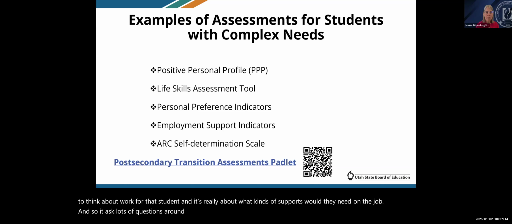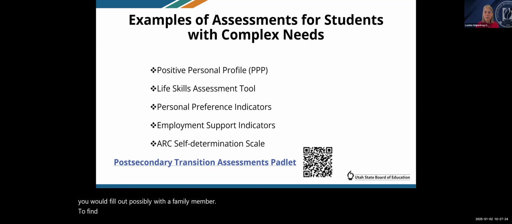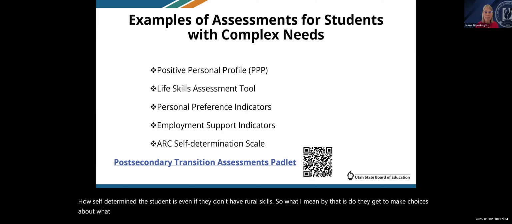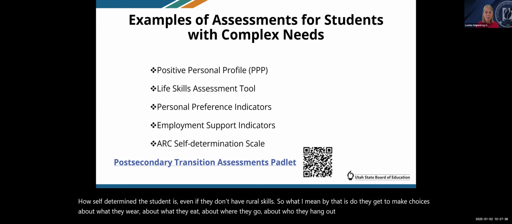And then there's one called the ARC self-determination scale. And this is one that you would fill out possibly with a family member to find out really about how self-determined the student is, even if they don't have verbal skills. So what I mean by that is, do they get to make choices about what they wear, about what they eat, about where they go, about who they hang out with, all those kinds of things.